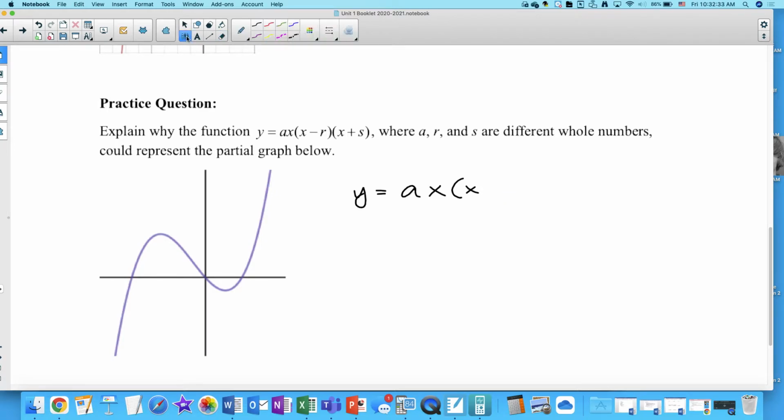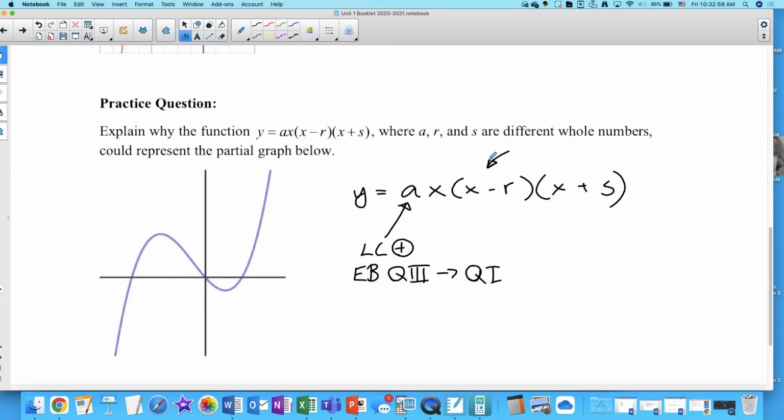Okay, so just about everyone got this piece, right? Leading coefficient positive, end behavior Q3 to Q1. That's good. It's consistent. Everyone got this. This tells us that there's going to be an x-intercept at x equals r, because r minus r is 0, and that's positive, right? So if we connect this up, this is Q3, this is Q1.